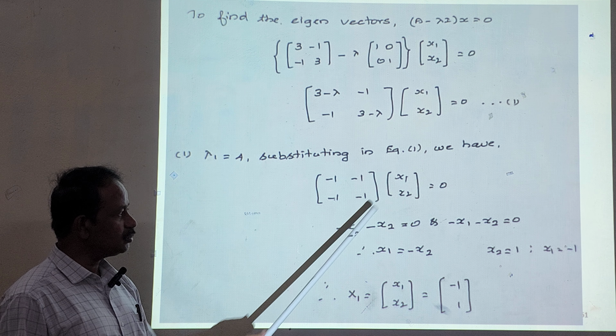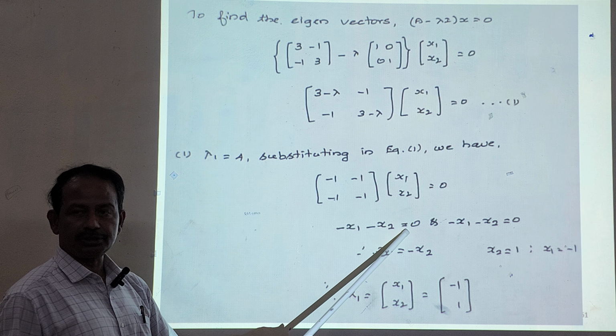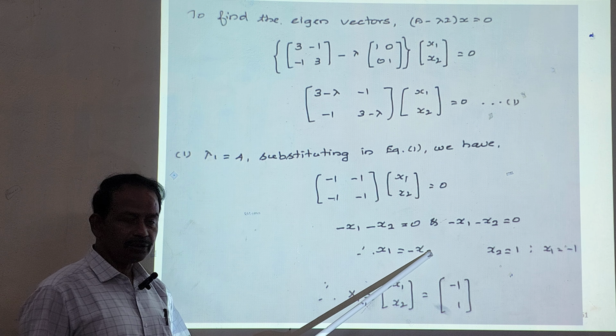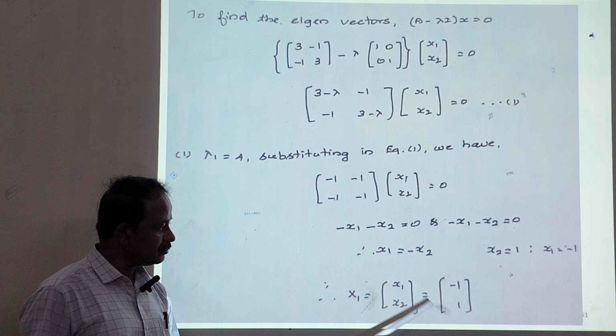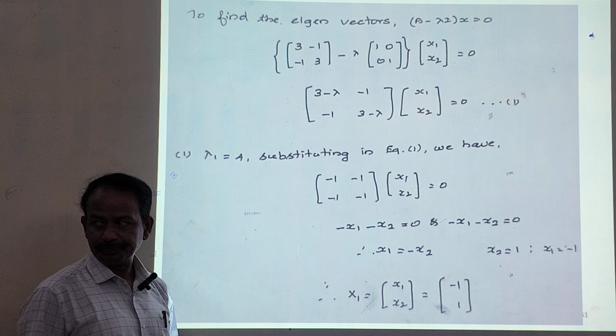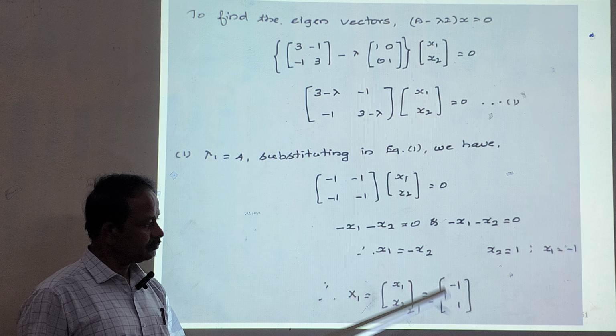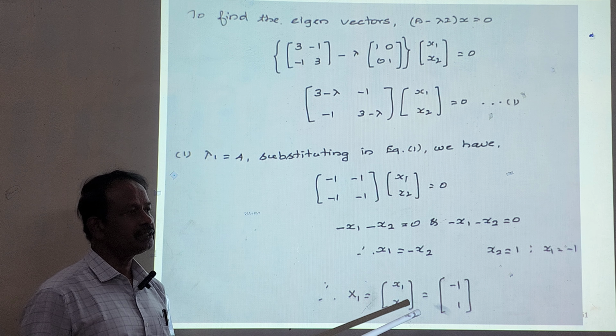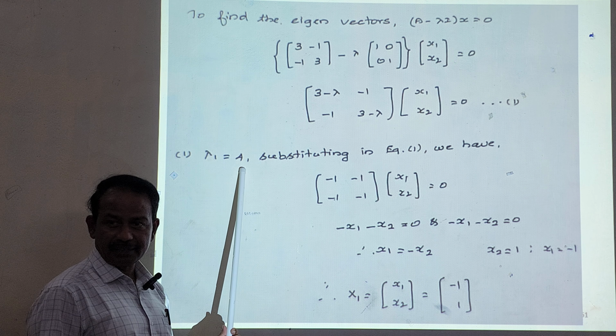Multiplying these, that will give you minus x1 minus x2 equal to 0. So x1 equal to minus x2. If x2 equal to 1, x1 will be minus 1. See, 1 and minus 1. So minus 1, 1. So this is the eigenvector for the first eigenvalue.